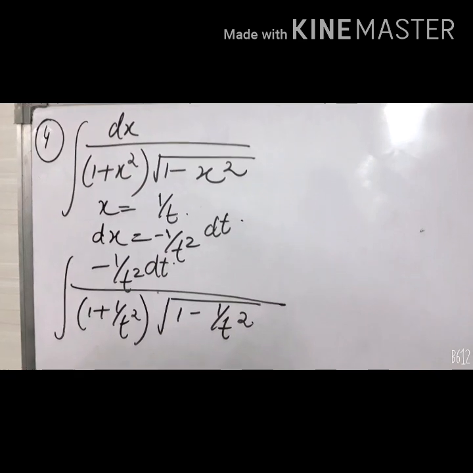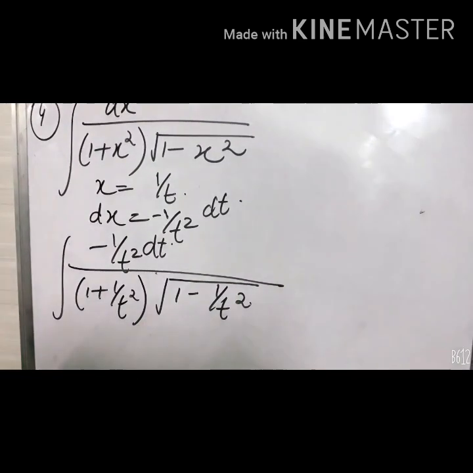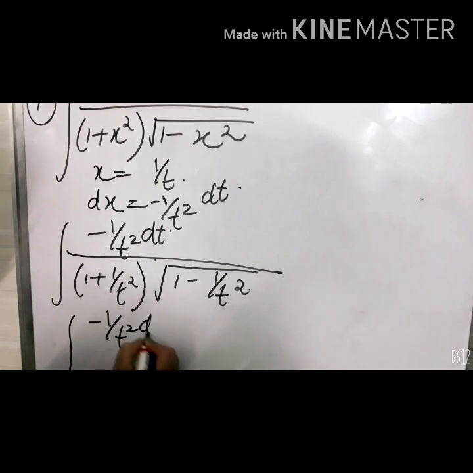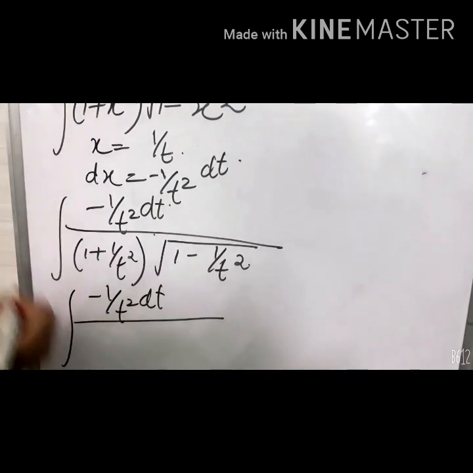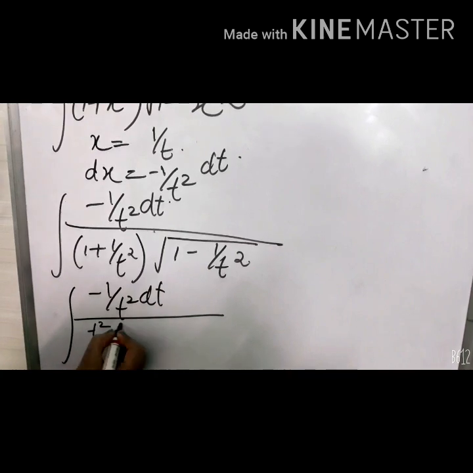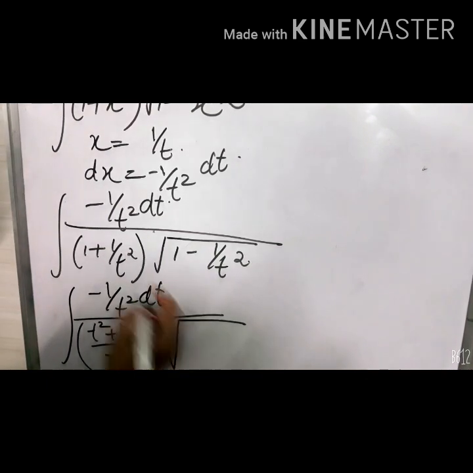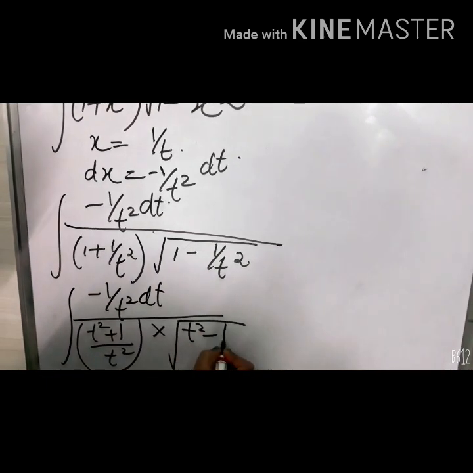Fine? Got it? Now it becomes minus 1 by t square into dt. I will take the LCM, so it becomes t square plus 1 by t square, and here also it becomes t square minus 1.